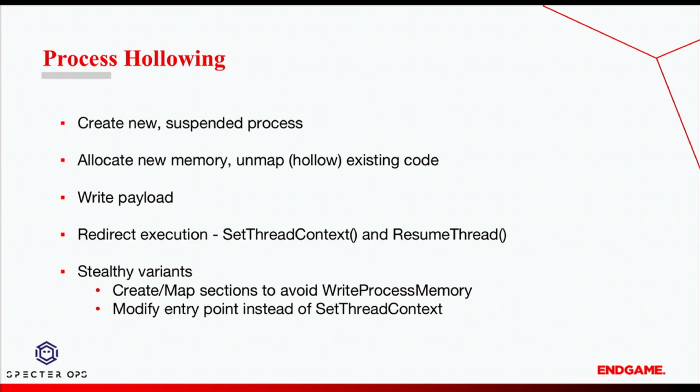Where the hollow comes from is that some typical implementations free the memory of the original exe that loaded. There's actually no reason they have to do that. It's just done typically. A more stealthy variant, I think Stuxnet was one of the first I've seen that used it, uses CreateSection and MapSection.